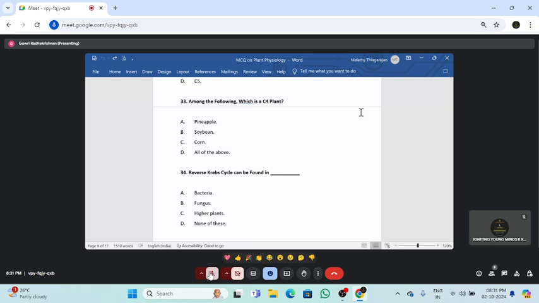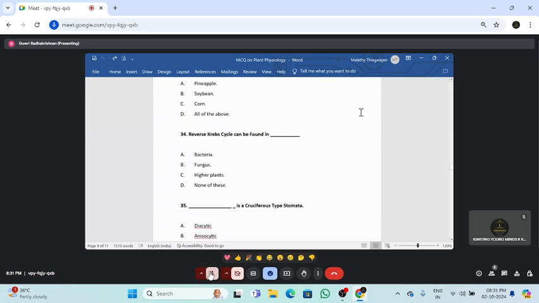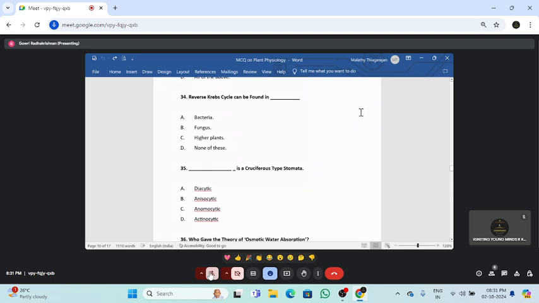All of the above. Pineapple, soya bean, corn, all of the above. 34. Reverse Krebs cycle can be found in bacteria.